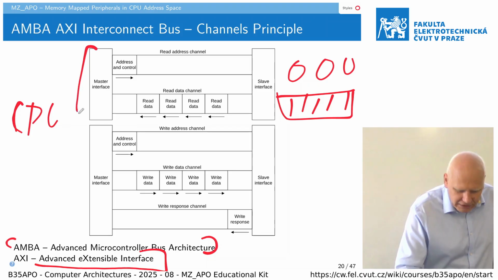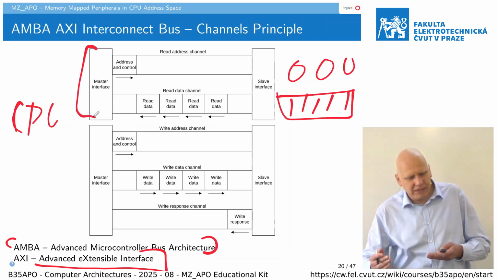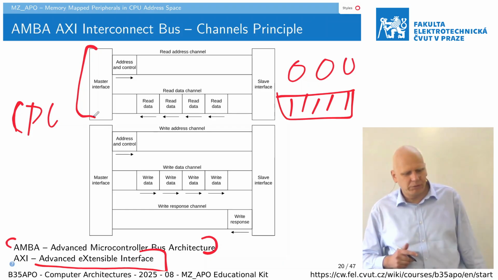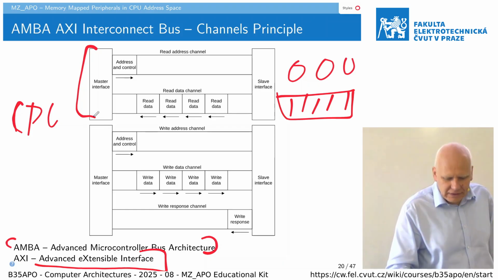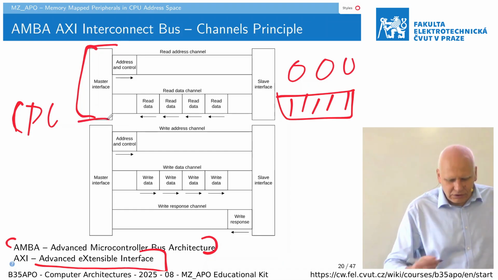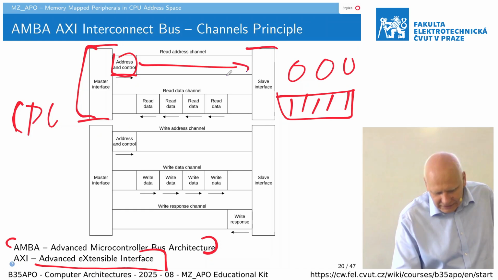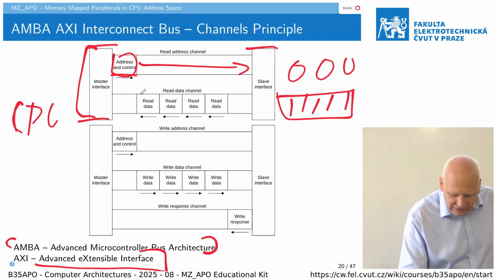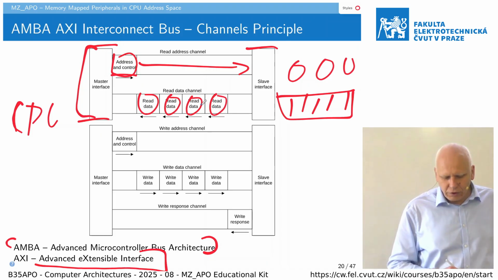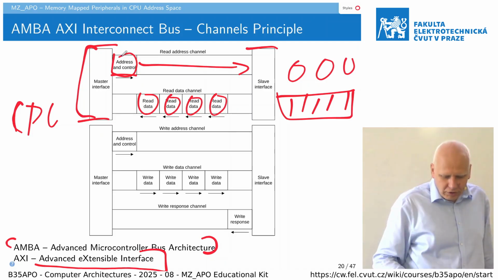You have separate channels so that a read operation and a write operation can run in parallel, for example from another core. And even each of those buses, or each direction, is divided into channels. Basically, we need to send the address we want to read, and then we start to receive data for this address and the following ones.